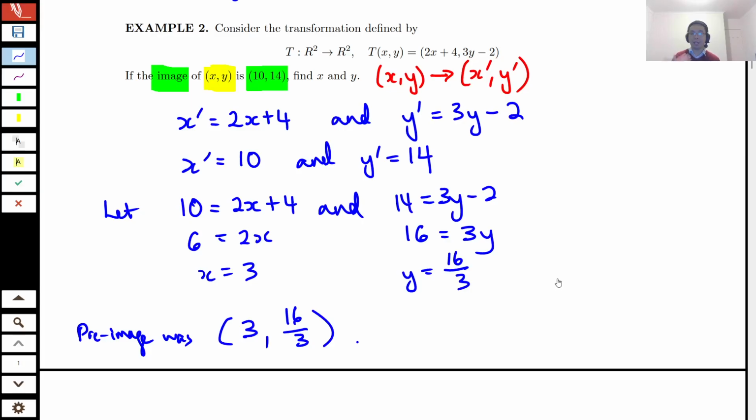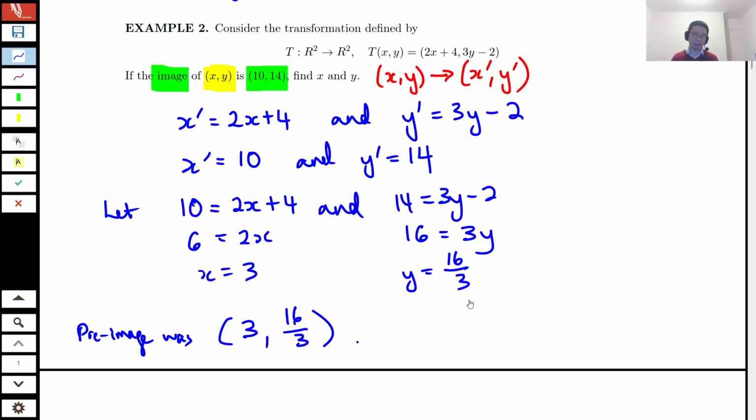All right, key idea. x, y is my old coordinate before the transformation. x dash, y dash is my new coordinate after the transformation. In example 1, we went forwards. Example 2, we went backwards. So now you've got an algebraic understanding of what a transformation looks like.